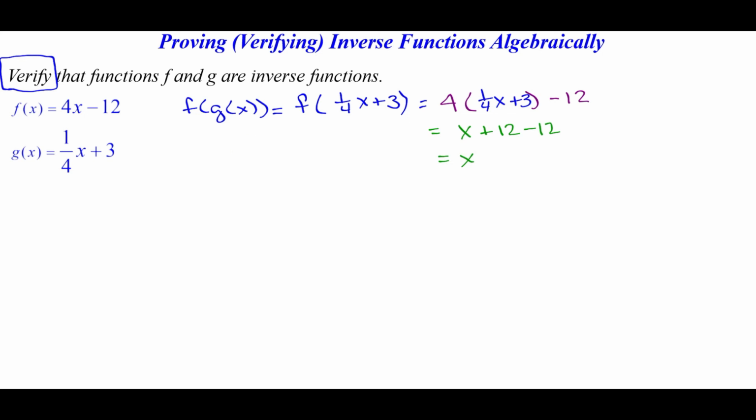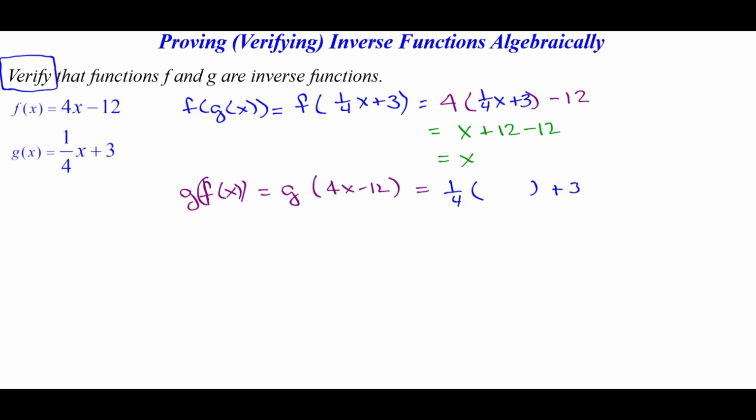So that's the start, and then we need to do the composition in the reverse order. So we're going to do g of f of x. So we're going to have g of 4x minus 12. So we're going to take that 4x minus 12 and plug it into the g function. And remember, the g function says we're going to take 1/4 of what's in the parentheses plus 3.